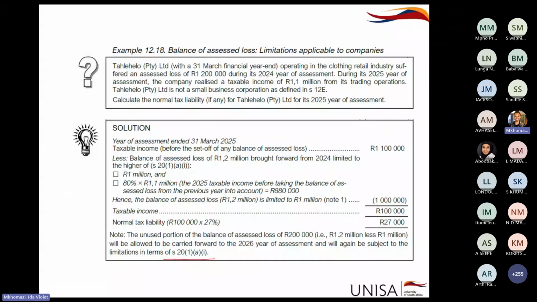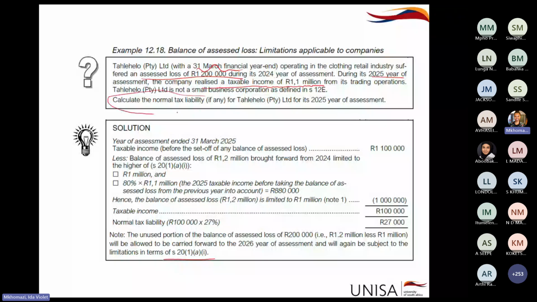If we quickly apply the principle, we have a company here that has a 31 March financial year end, and they have a balance of assessed loss of 1.2 million that is being brought forward from the previous year of assessment. In the current year of assessment, the company has a taxable income of 1.1 million rand.